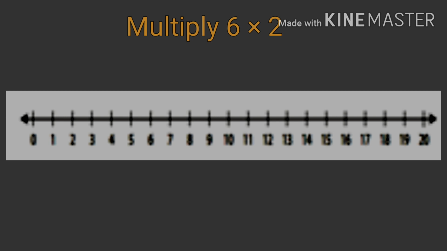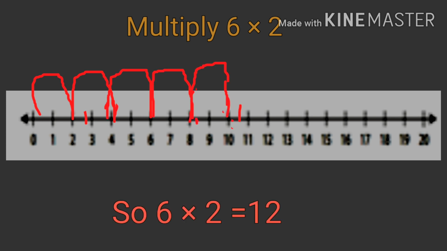Now, let us multiply the number 6 into 2. That means the number 2 is skipped 6 times. 1, 2, 3, 4, 5 and 6. So, what will be the answer? Yes, it is 12.